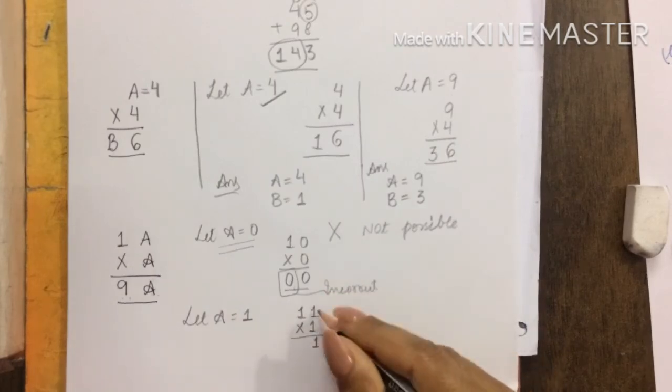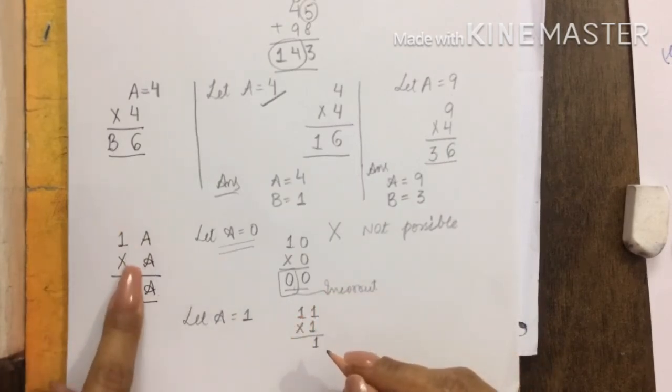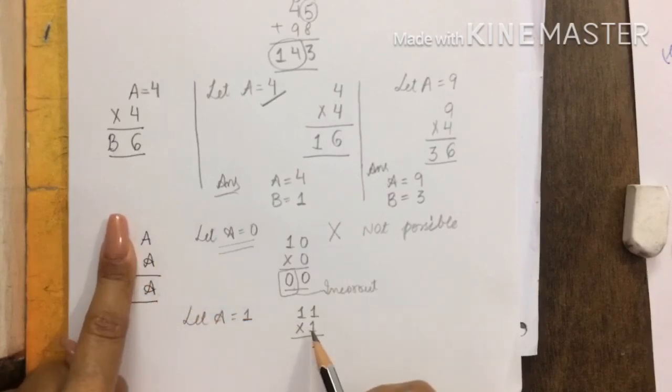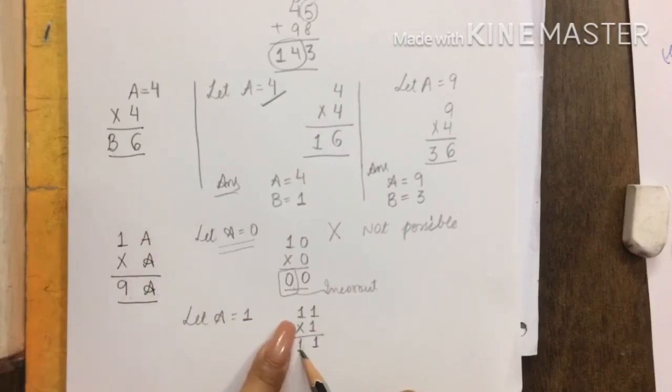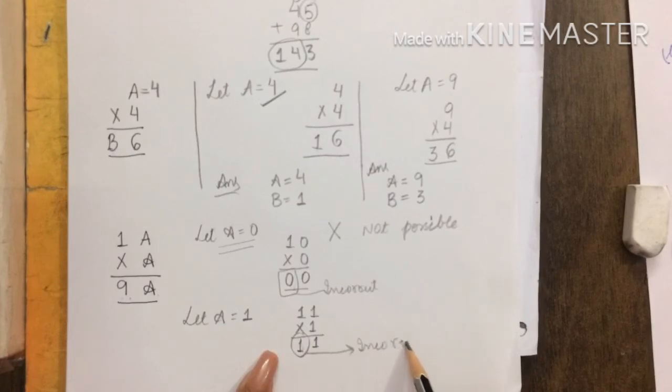This column is completely fine. These 3 places are filled with the same digit. But over here at the tens place, again I have an issue. This is incorrect. I need to find some other digit so that the answer here is 9. Can you think of such a value?